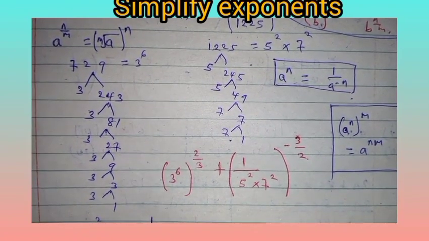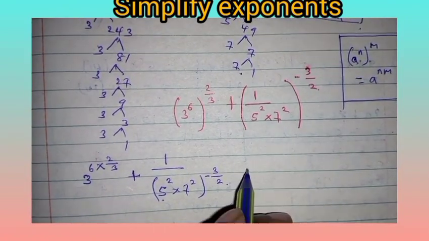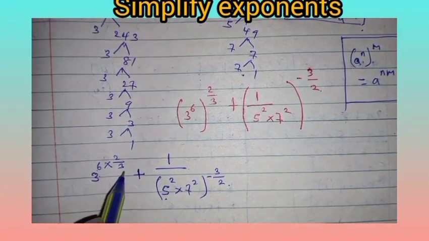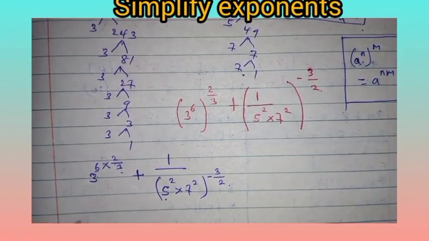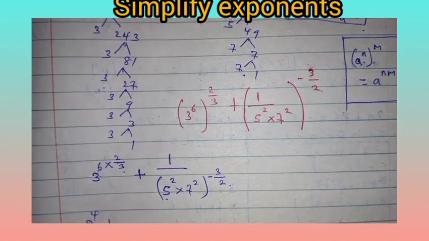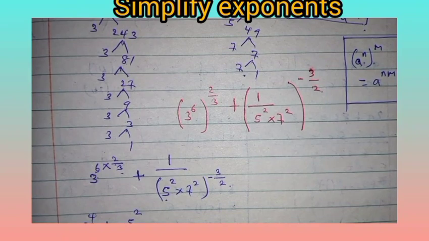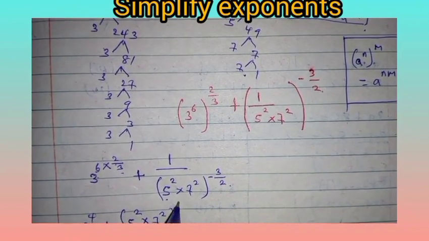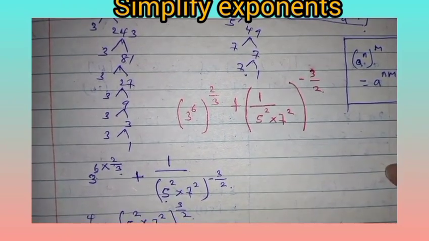So this one will have 6 divided by 3 is 2. 2 times 2 is 4. So you have 3 power 4 plus this, you have 5 squared times 7 squared, everything power 3 over 2, over 1.